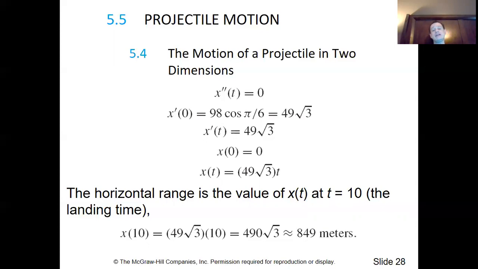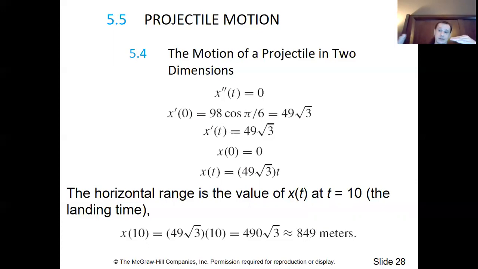That means when you plug in 0 for t, you should get out 0 for x, which means your constant is in fact 0. But again, the constant is always whatever the value of the thing is at 0, so you could have just said the constant is 0 because it's (0, 0). But anyway, when you do all that, you get a master equation for x as a function of time.